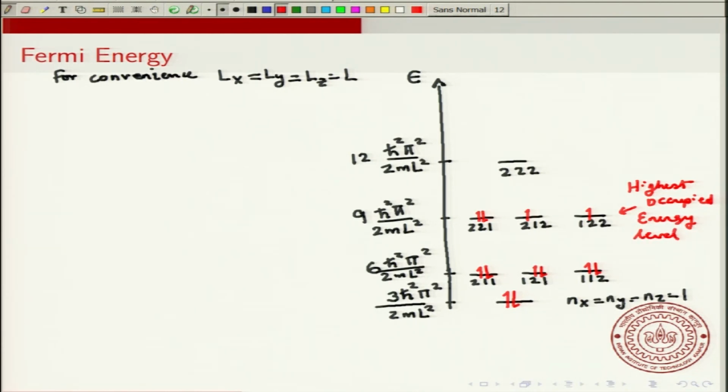Now, here I took a case where you had only 12 electrons, but now you can extend this concept to a large number of electrons. So if you have a piece of crystal which has n atoms, then there will be a total of n times the valence electrons.